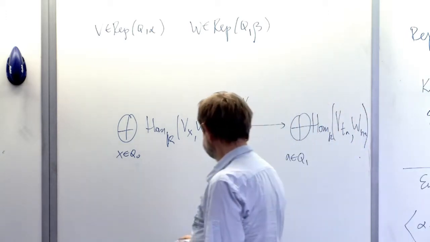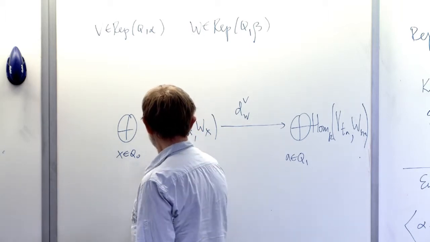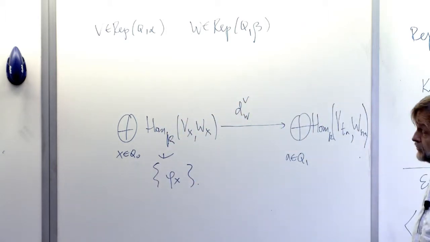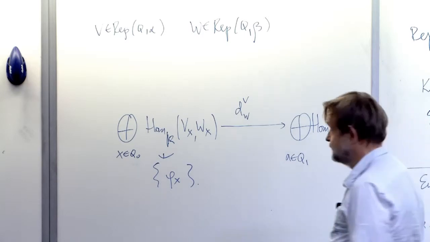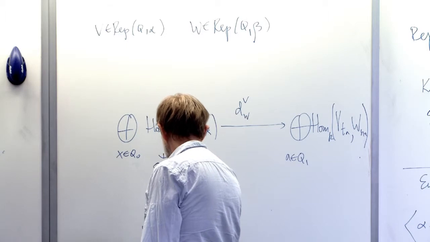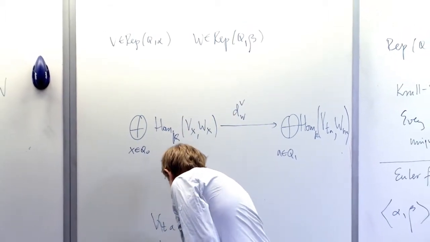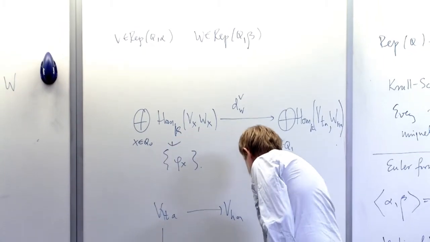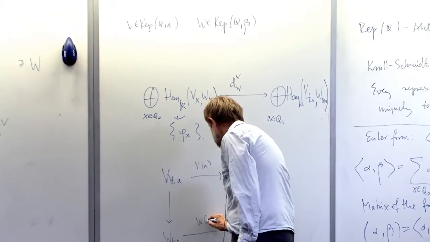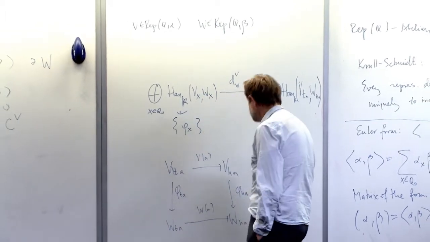So what's the map? Now I start with some family, phi x. I do not assume that they commute, just any family of linear maps, but I can draw the same diagram. So I have V(ta), V(ha), W(ta), W(ha). So here V of a, W of a, and now I have here my arbitrary maps, phi ta, phi ha.